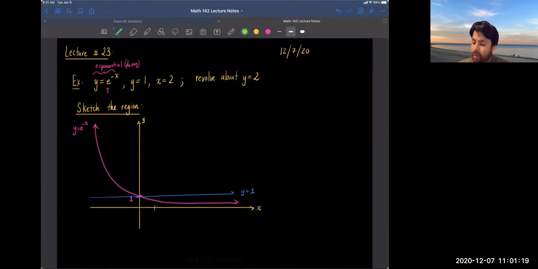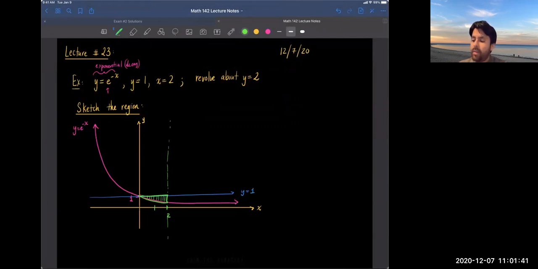So this is going to be 1, this is going to be 2. This is x equals 2. Again, I only care about the region that's enclosed, which is this region here. I don't really care about anything outside of this region.